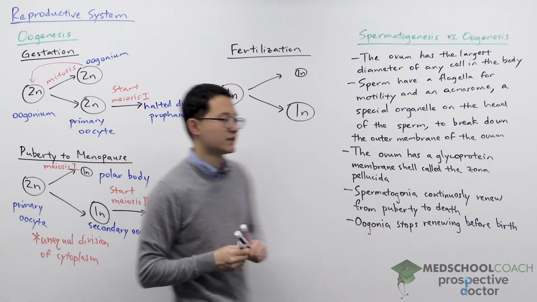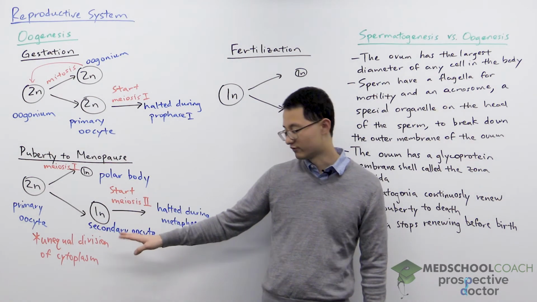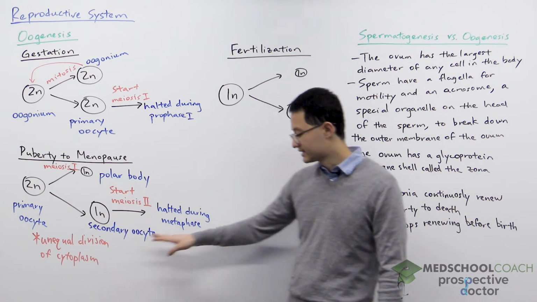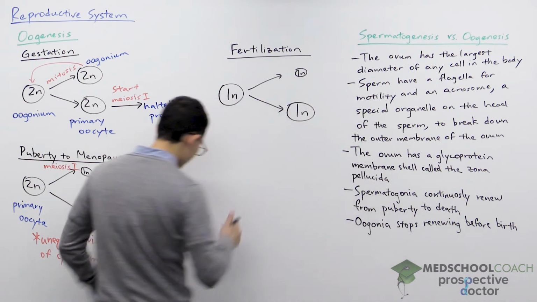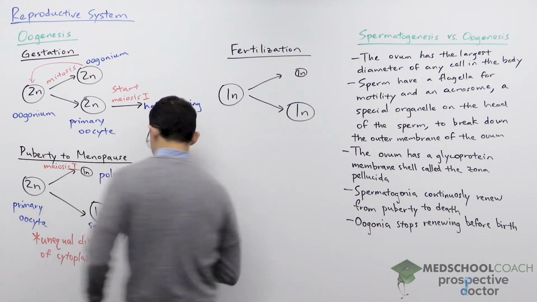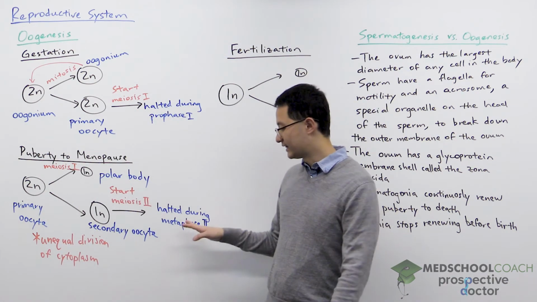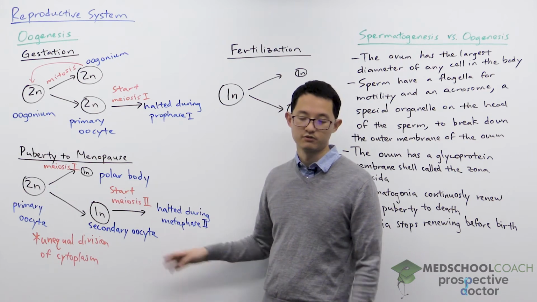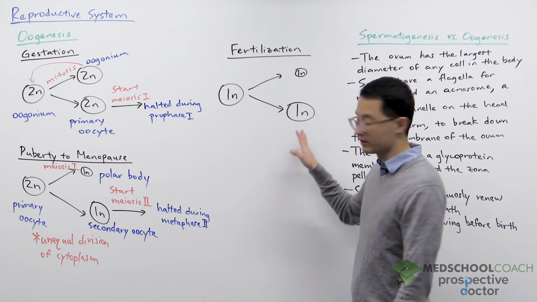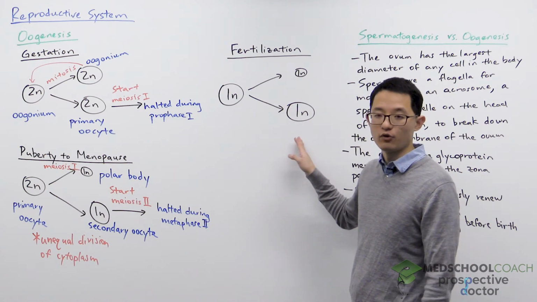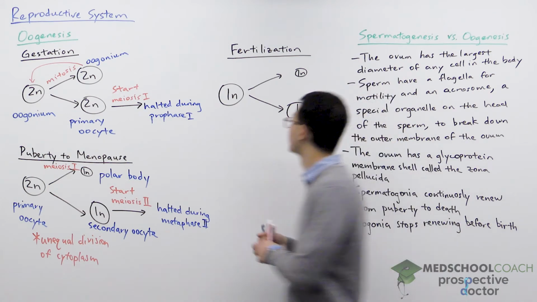So every menstrual cycle, a number of the primary oocytes will complete meiosis 1 to form secondary oocytes, and these secondary oocytes will begin meiosis 2 and be halted during metaphase 2. If fertilization doesn't occur, then these secondary oocytes will just be shed and they'll be gone. Fertilization is required for the secondary oocyte to complete meiosis 2.